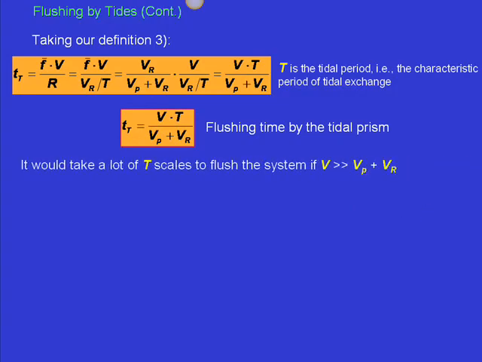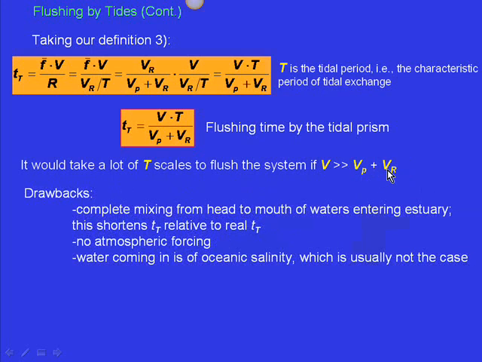So notice that if the volume of the system is much greater than the tidal prism plus the river, the freshwater content in the system, then this ratio will be very large. So the flushing time would mean that it would take a lot of tidal cycles to flush the system.